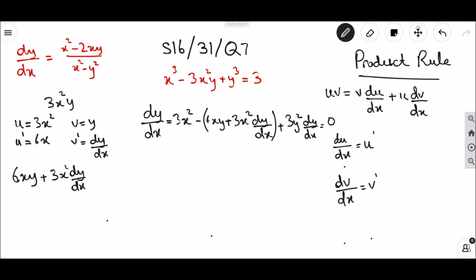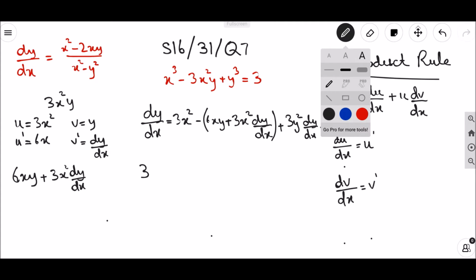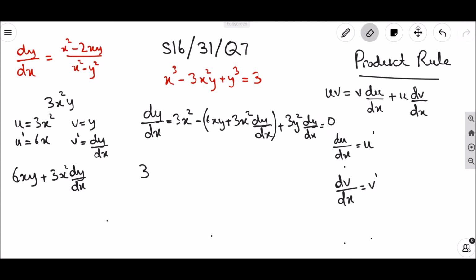Now I'm going to simplify it further and expand the brackets, so it will be 3x squared minus 6xy minus 3x squared dy over dx plus 3y squared dy by dx is equal to 0.